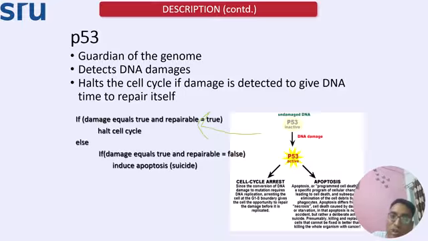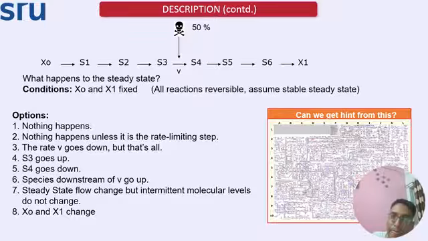I'm just showing a small diagram or small part here so that you can understand that it can be worked out. Now see the part and answer this question. X0 is the initial substrate. It forms six different substrates, S1 to S6, and then finally produces X1.